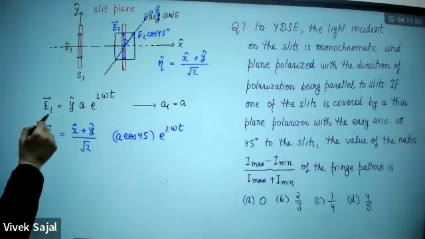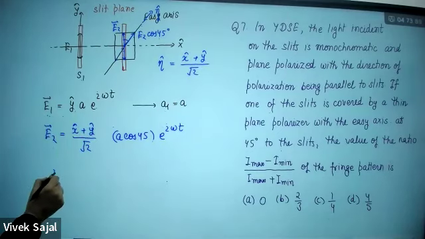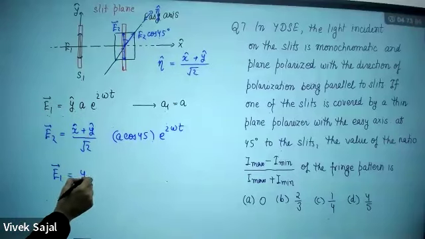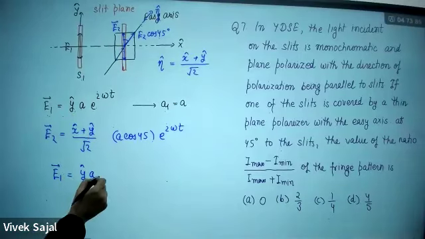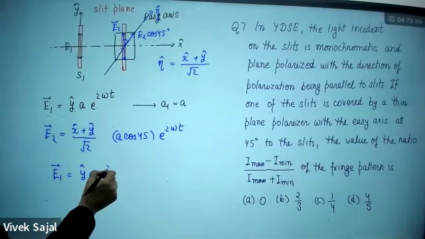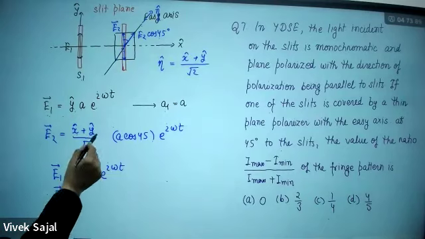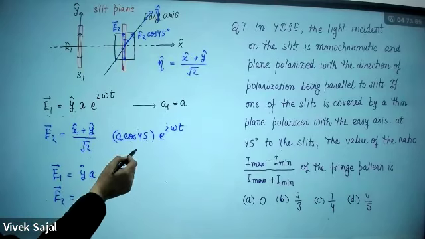So here this electric vector is, now you write like this. This is E1. E1 is just y cap A, and e to the power iota omega t. And E2, first is x cap, second is y cap. First I am writing cos 45, 1 by root 2.